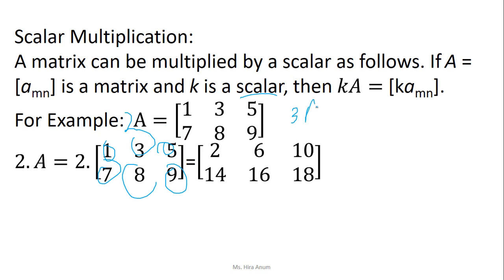Or you can put 3A, find 3A, then it will be 3 multiplied by 1 is 3, 3 multiplied by 3 is 9, 3 multiplied by 5 is 15, 3 multiplied by 7 is 21, 3 multiplied by 8 is 24, 3 multiplied by 9 is 27.